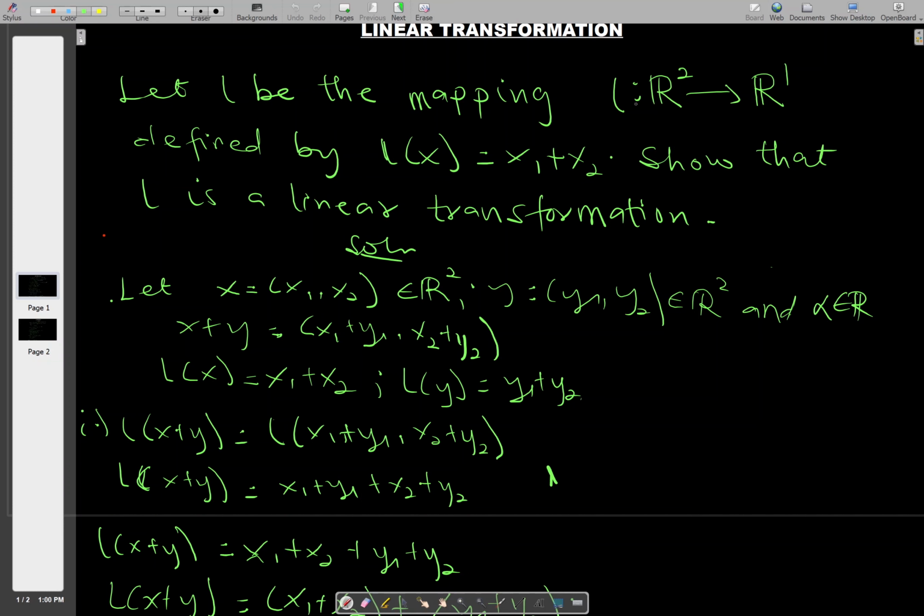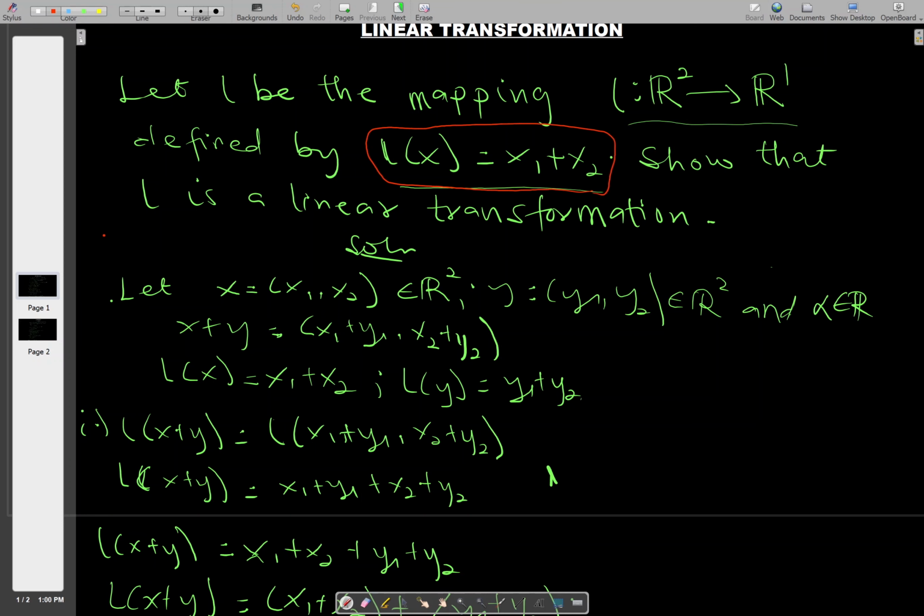This is a mapping that transforms a 2-dimensional vector to a 1-dimensional vector, defined by L of x. This is the definition.